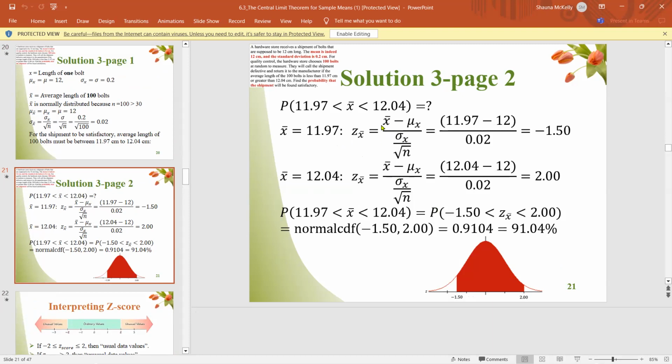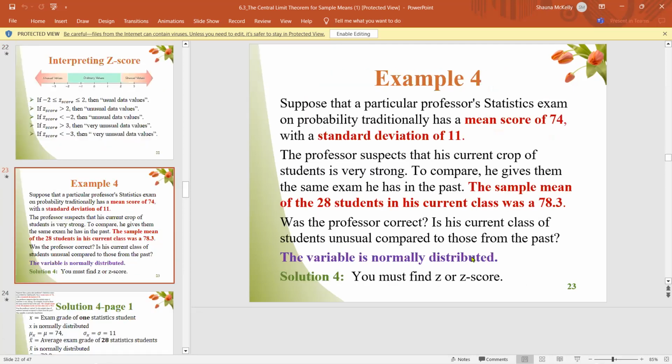So she did 11.97 minus 12, and got negative 1.5, and positive 2. Satisfactory is going to be in this red region. Notice here, this is normal CDF. Why? Because we're looking for the probability between the numbers.